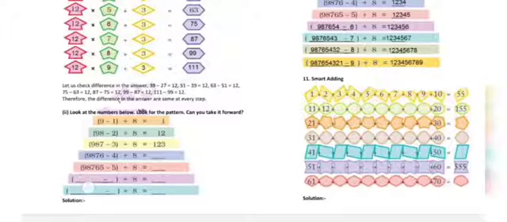What will come next? 9 8 7 6 5 4. Very good. What will come here? 9 8 7 6 5 4 3. Very nice. So we have filled this blank.